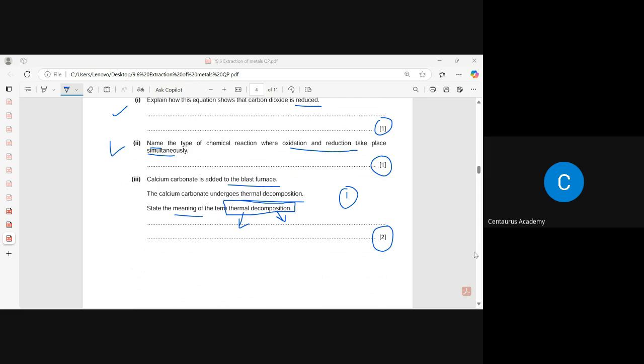Yes, that's right. So basically, it is the breakdown of a compound by using heat energy, or don't write thermal energy. If you're writing thermal energy, this means you're not defining it. You're simply restating the same terminology. Use a different word for that. And we know the different word for thermal energy is heat energy.